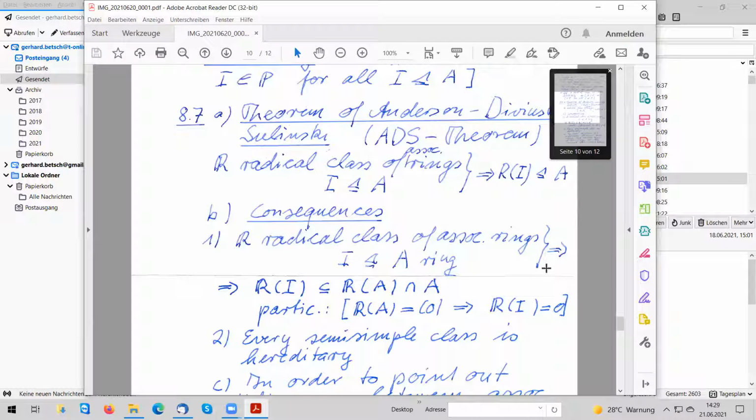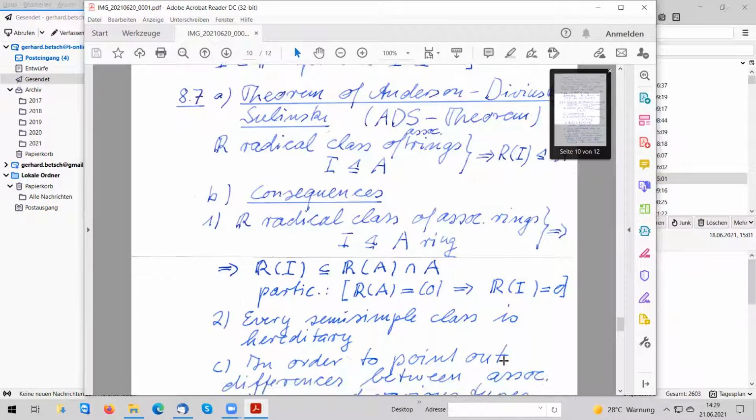If R is a radical class of associative rings and I is an ideal of a ring A, then the radical of I is contained in the radical of A. Well, I think this should be A. This should be I. I made a mistake.